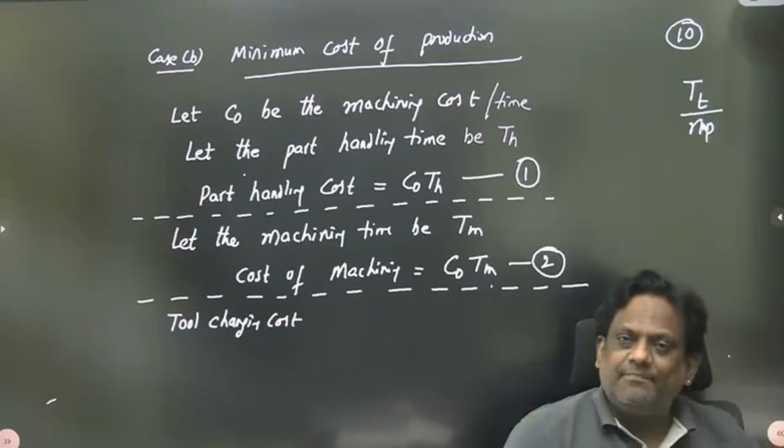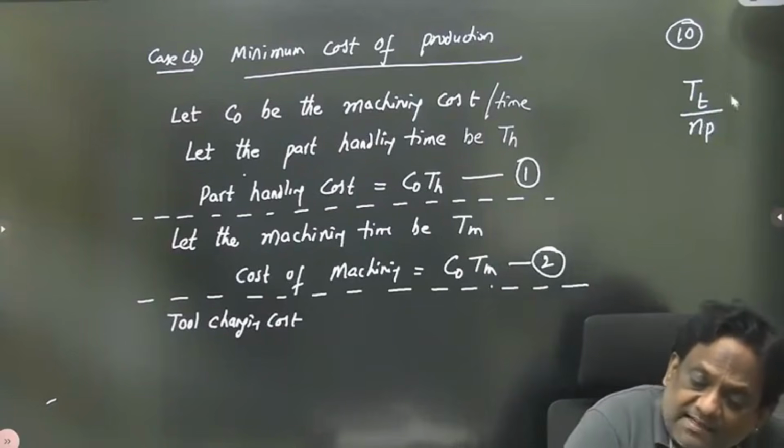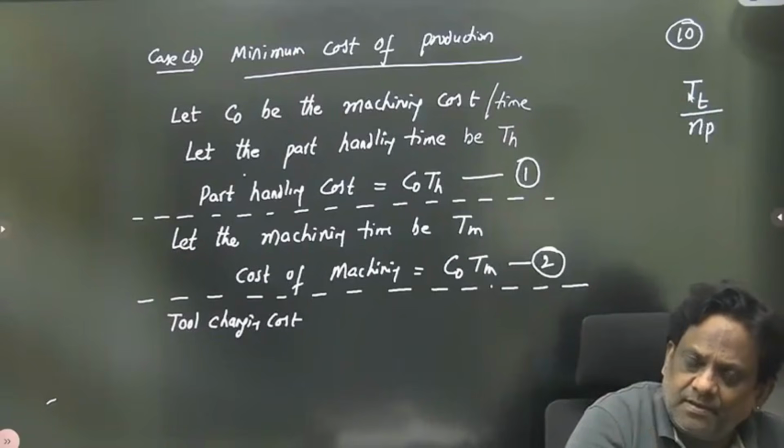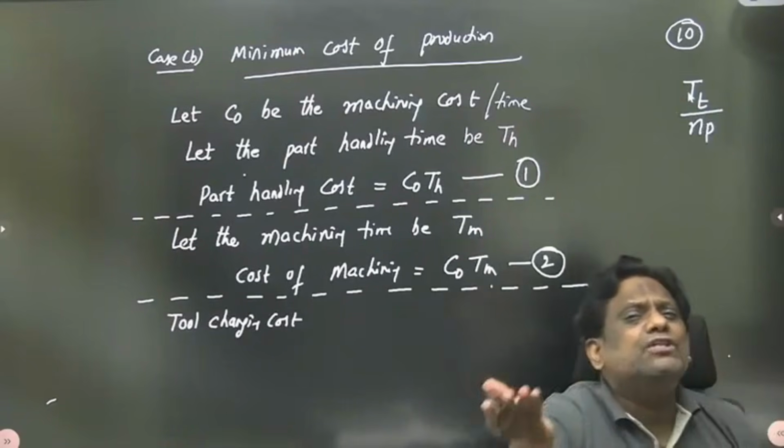This is the time for changing the tool per piece. So if you want cost, multiply by C naught.